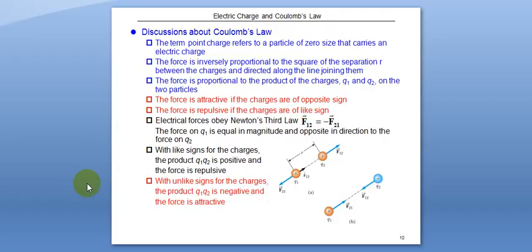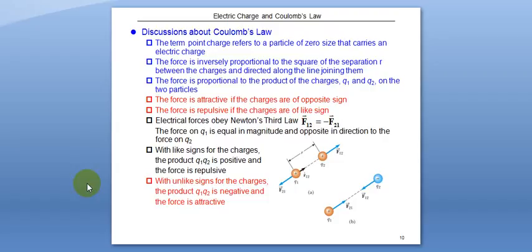The electric force obeys Newton's third law, action and reaction. The force on Q1 is equal in magnitude and opposite in direction to the force on Q2, as you see in this figure.